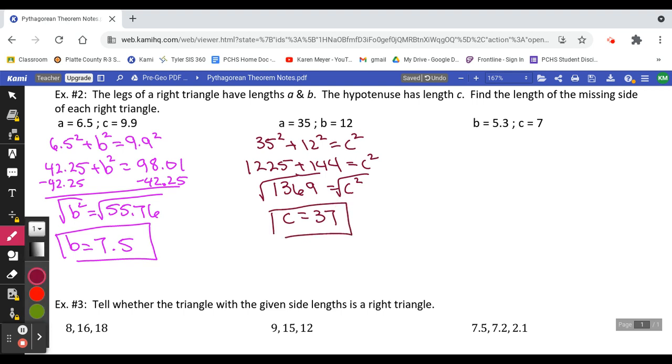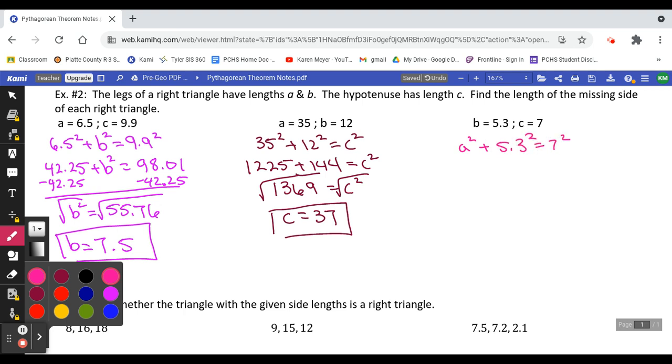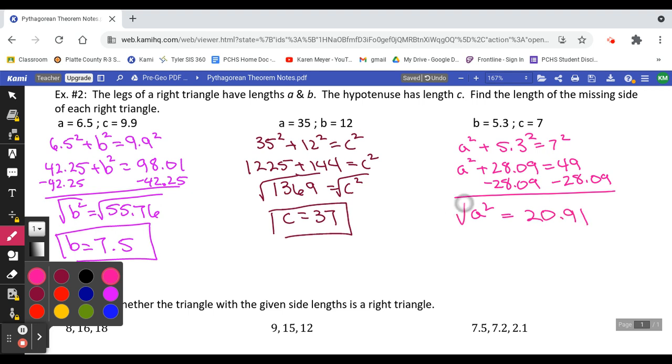All right, pause the video and you try the next one. And when I round it, I get 4.6.